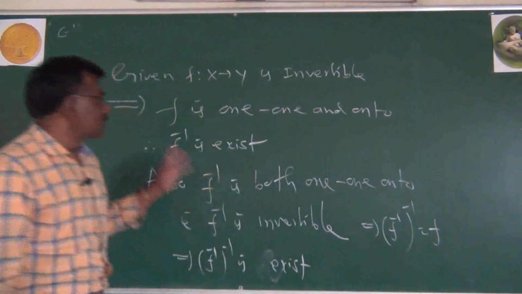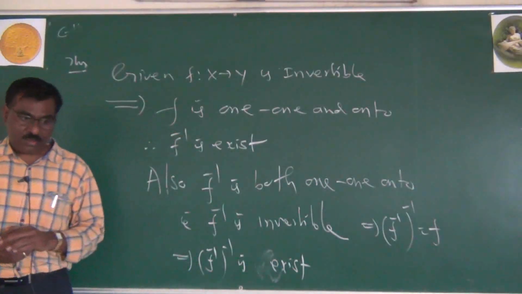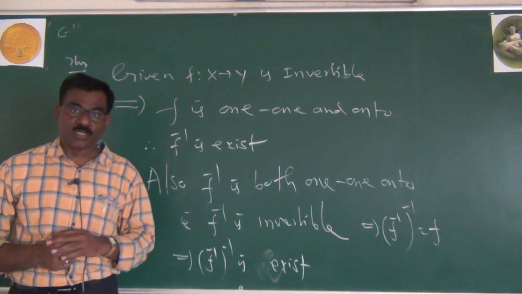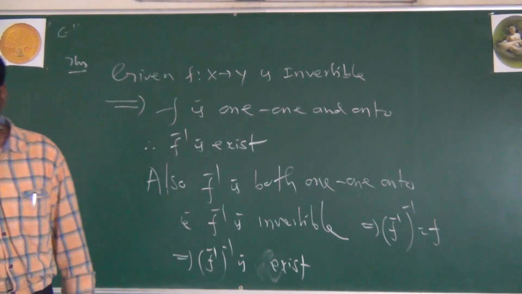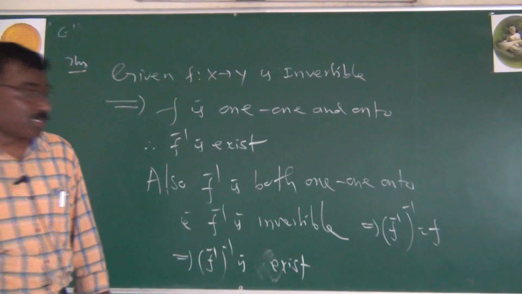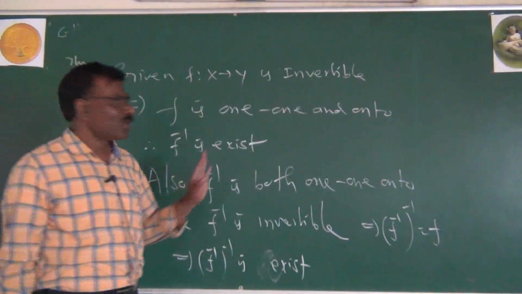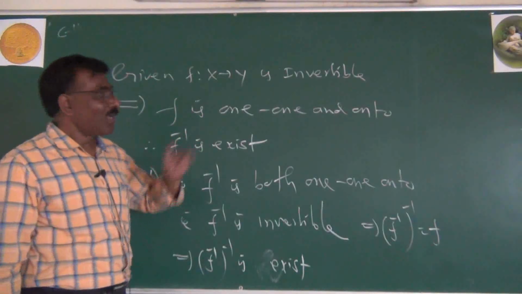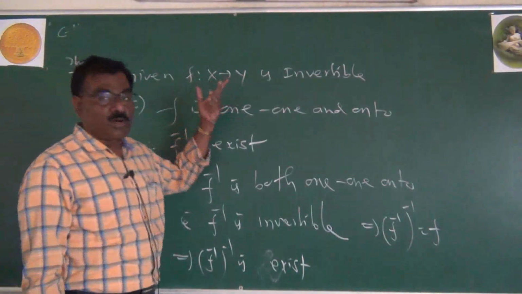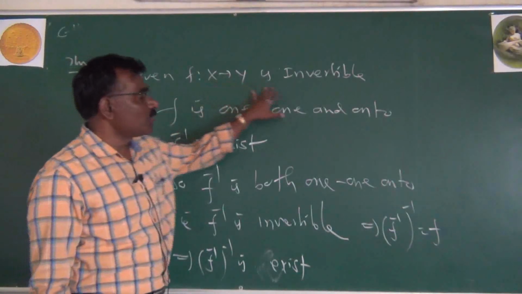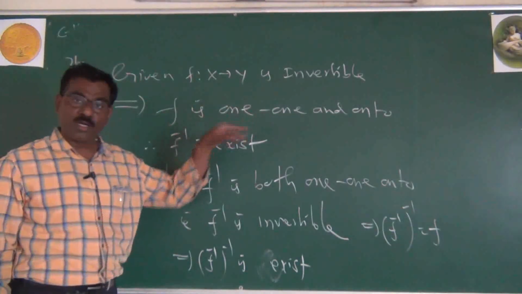Hence, for the function f from X to Y invertible, the inverse of f inverse is f. Okay? I'll repeat once again. Very simple there. Only practice. Given f from X to Y is invertible, f is one-one and onto.